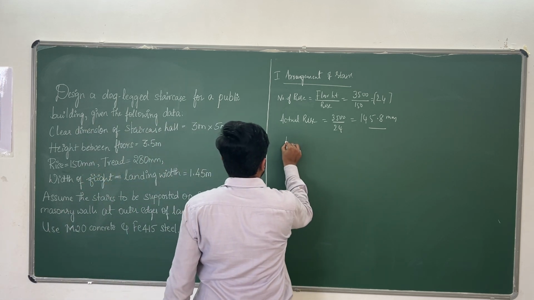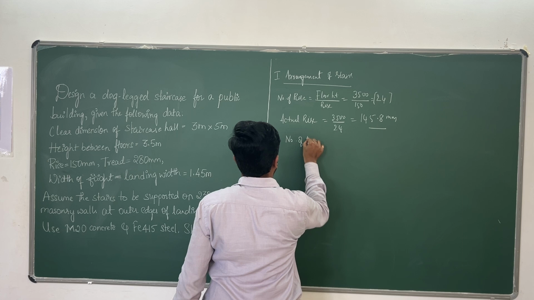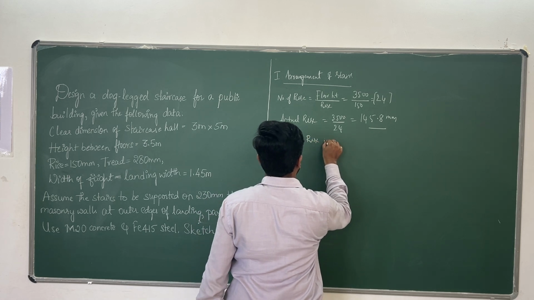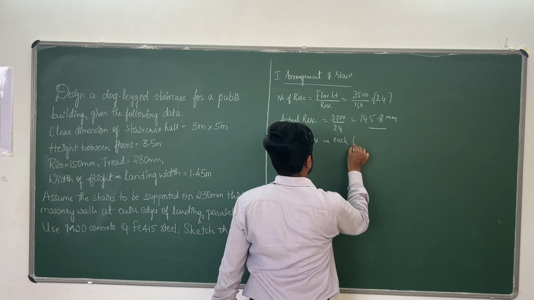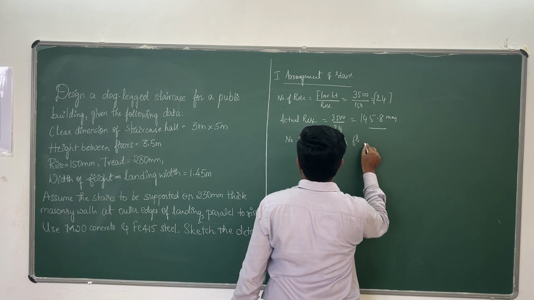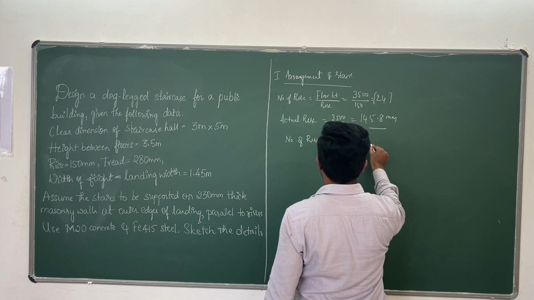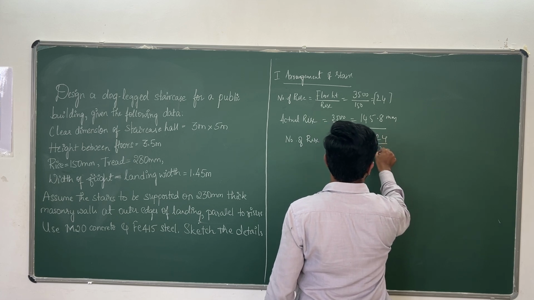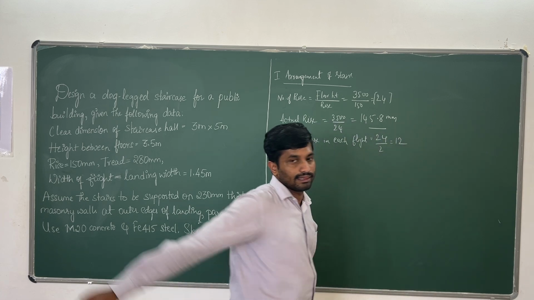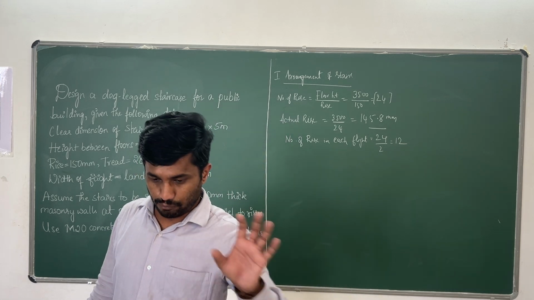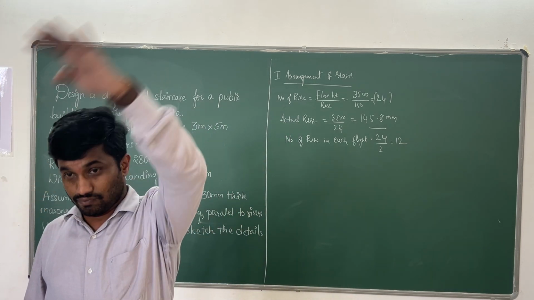Number of rise in each flight is 24 by 2, which is 12. So we are getting 12 rise in each flight.